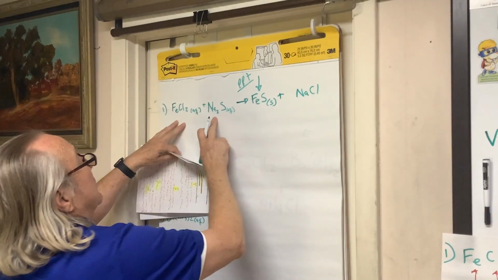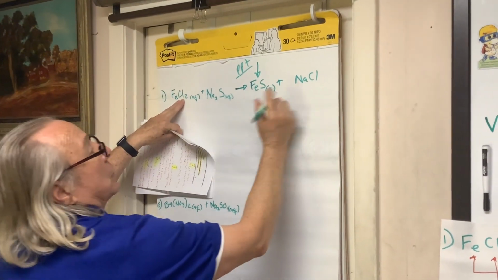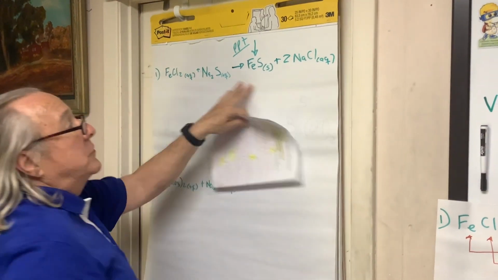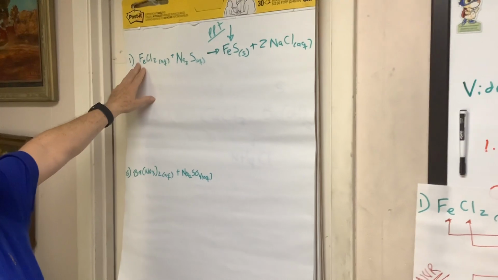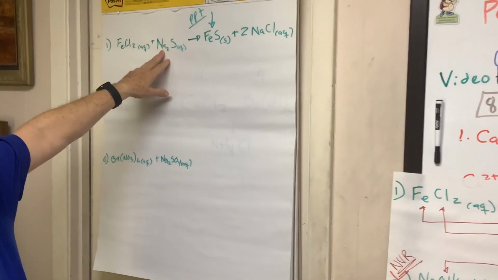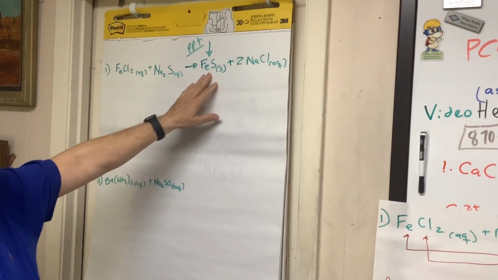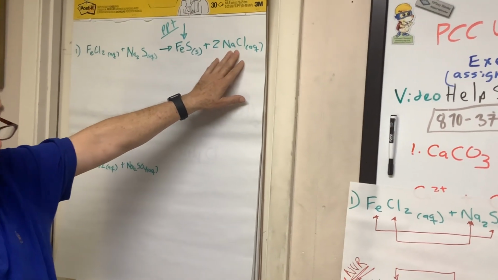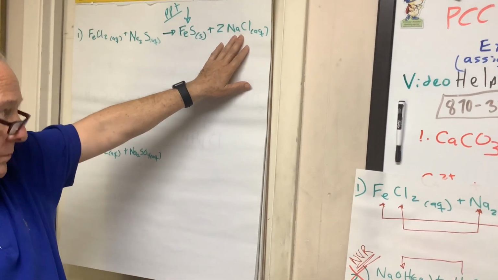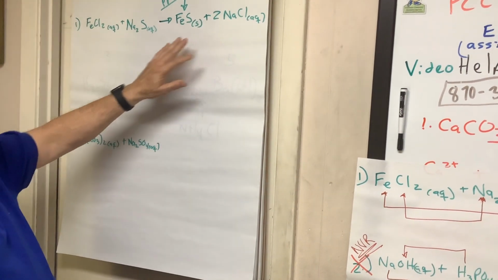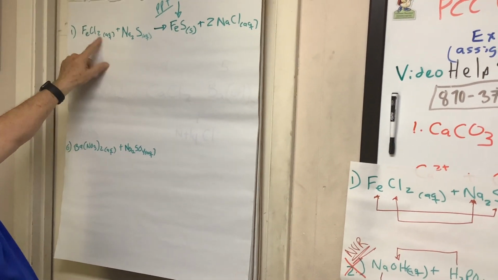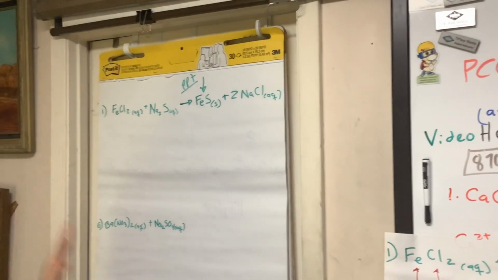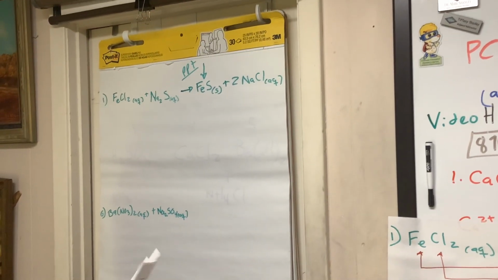But I need to balance it. So I have 2 sodiums and 2 chlorines. I'm going to form 2 of those. So there's my balanced chemical reaction. This is iron 2 chloride plus sodium sulfide forms iron sulfide plus sodium chloride, common table salt. Notice there's 2 sodiums here and 2 chlorines here, so I need a 2 there, and everything else is balanced. That's my balanced chemical reaction.